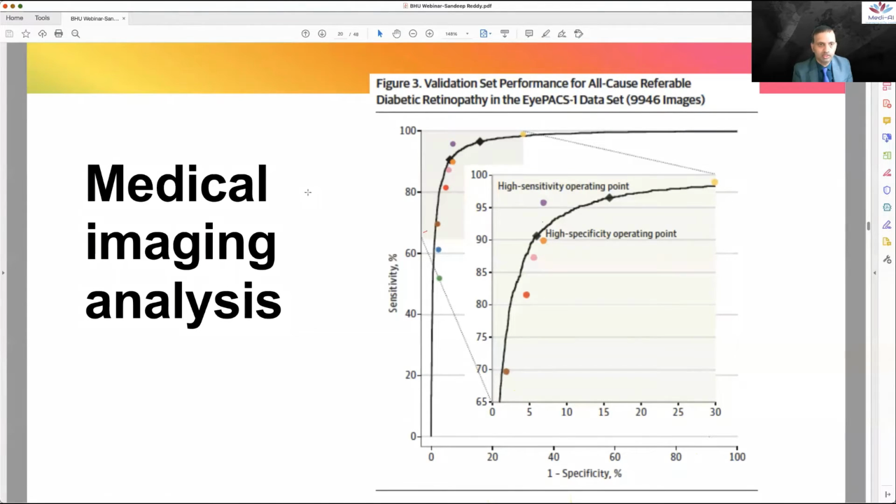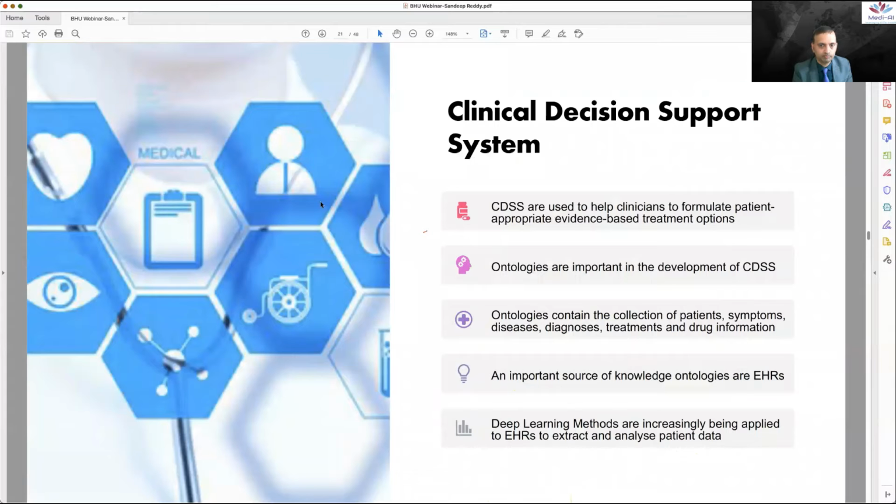Here, the network is used to interpret a fundoscopic image, which is a photograph of the back of the eye, and the performance has been found to be equivalent to that of an ophthalmologist. So its performance is nearing, and in certain instances even exceeding, that of doctors. So you see the maturity of how AI can be used for interpreting medical images.